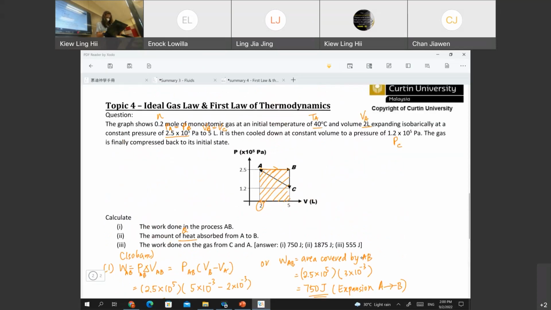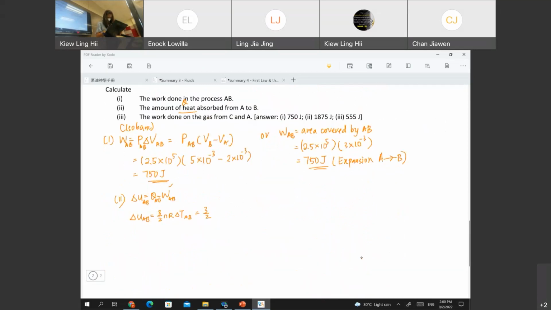Assume this is an ideal gas. Expand them: final minus initial, so 3 over 2 PB VB minus 3 over 2 PA VA.